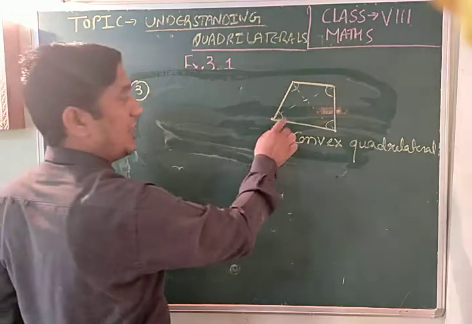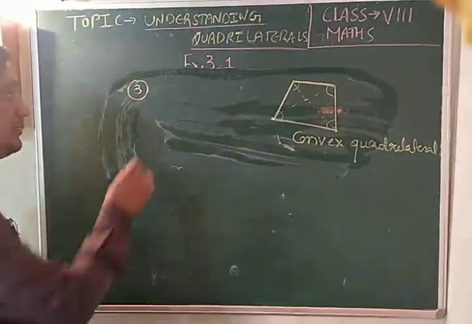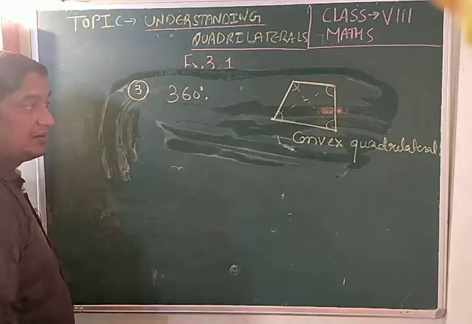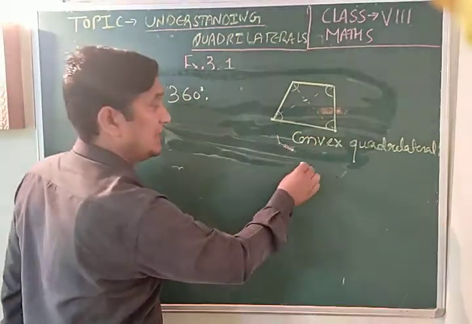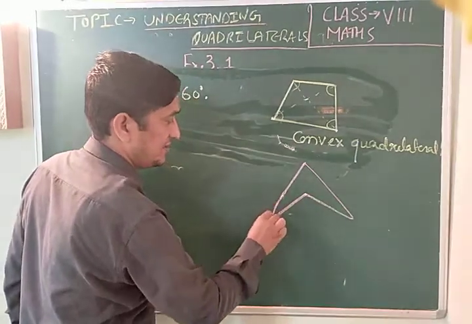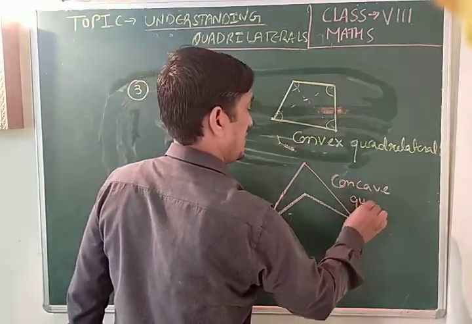So as it is a quadrilateral, we know that the sum of all the angles of a quadrilateral is 360 degrees. Now if the quadrilateral is not convex, it means it is concave, like this. This is a concave quadrilateral.